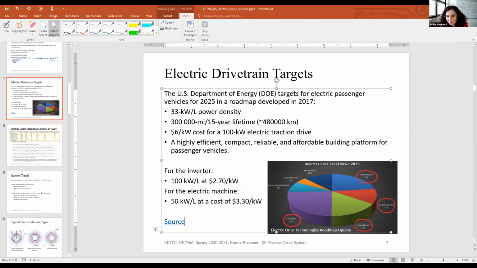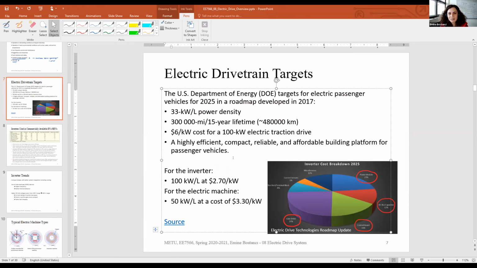So it is a tight target. I think we are a little further away from this target. And as we discussed, there is an increase in the cost of material, so it can be even tighter compared to last year.